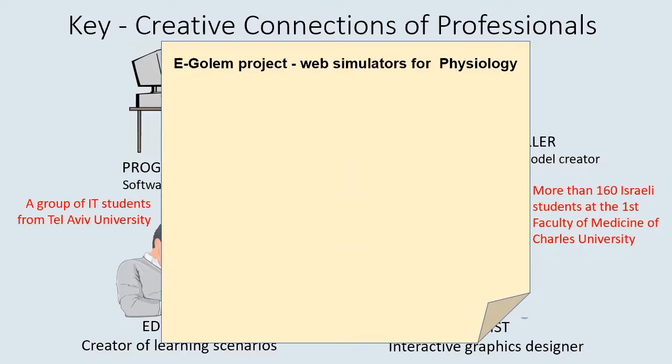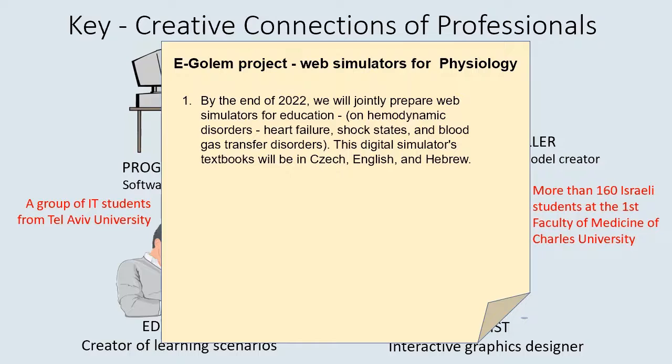The E-Golem project is an initiative that arises from the enthusiasm of volunteers, Czech and Israeli students, teachers of the Faculty of Medicine, and the spin-off company Creative Connections. By the end of the year, we want to create several educational web simulators.